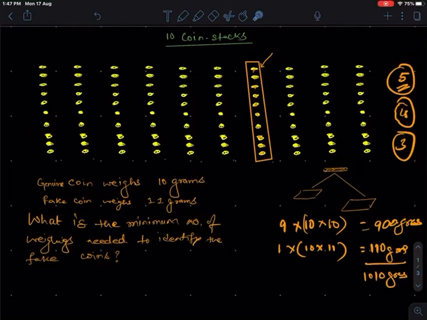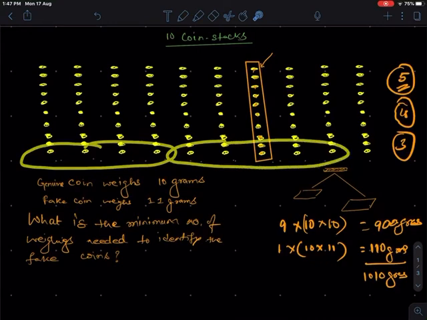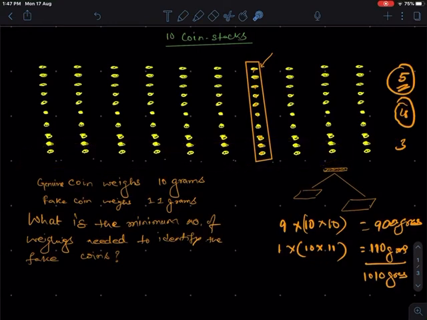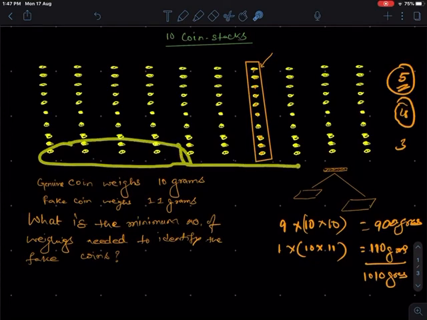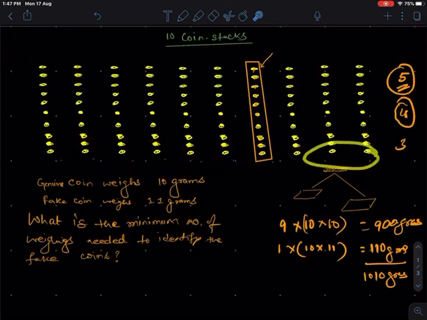Maybe. Let's try. Say I don't group them into 3 but 4. So I have group 1, 2, 3 and 4, and 1, 2, 3 and 4. Okay, so I weigh them. If they are equal, then I know it's here. So I compare 1 and I compare 2, and then I know for certain.